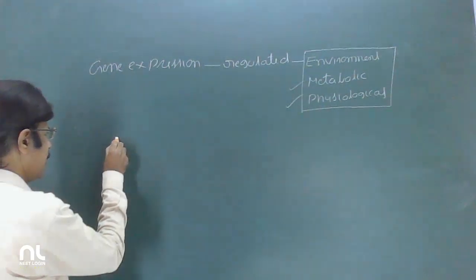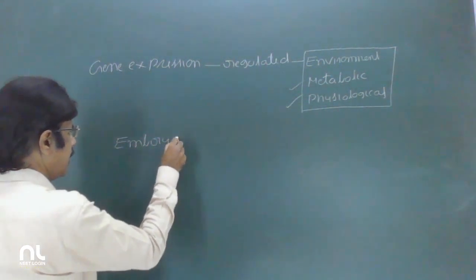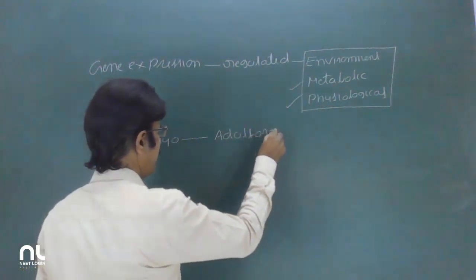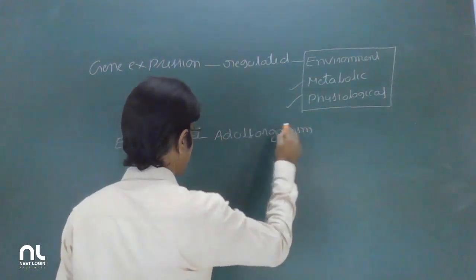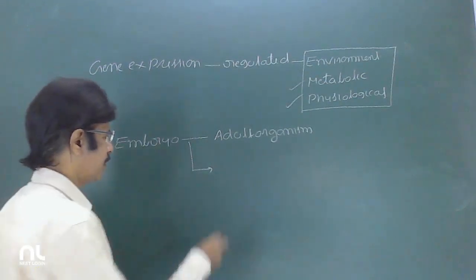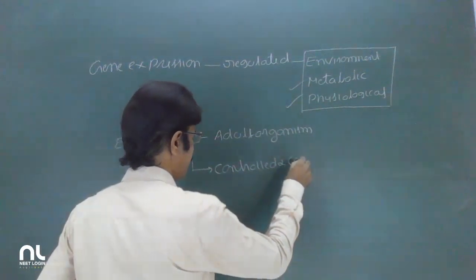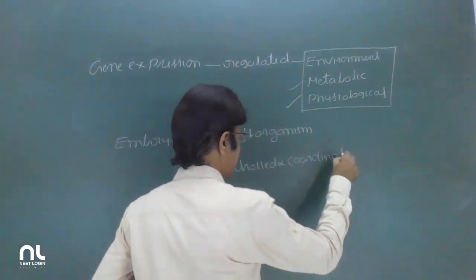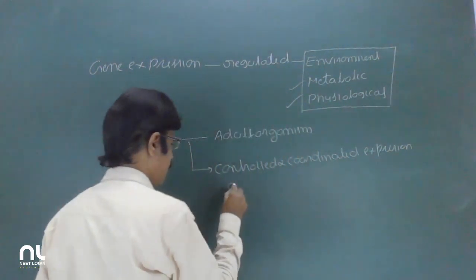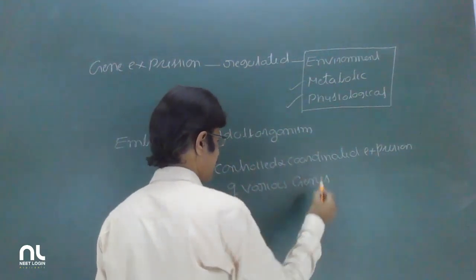And an embryo develops into an adult organism by undergoing so many changes, through controlled and coordinated expression of various genes.